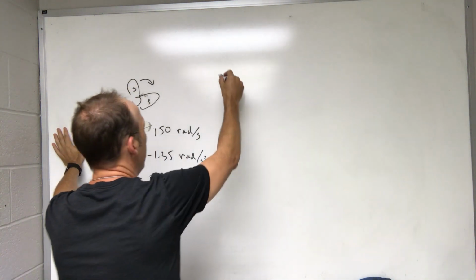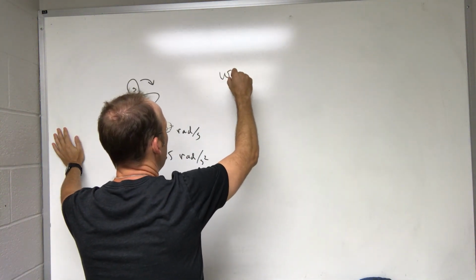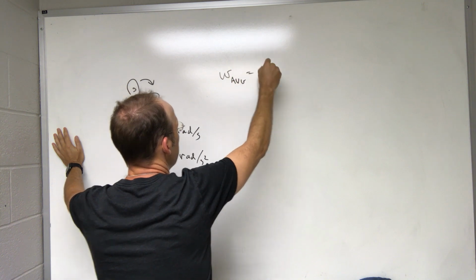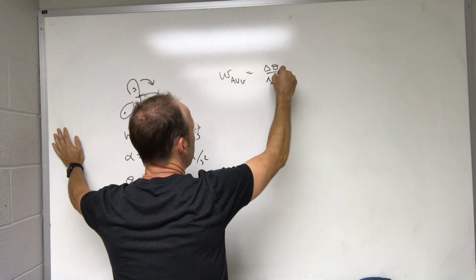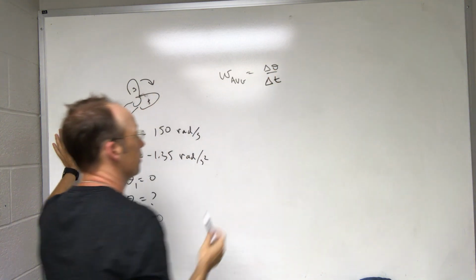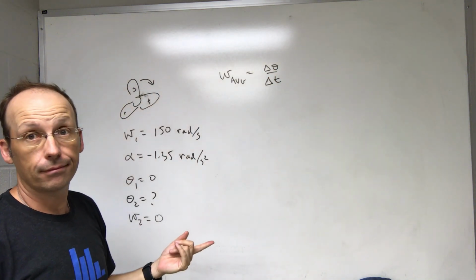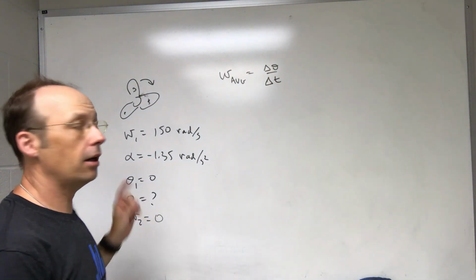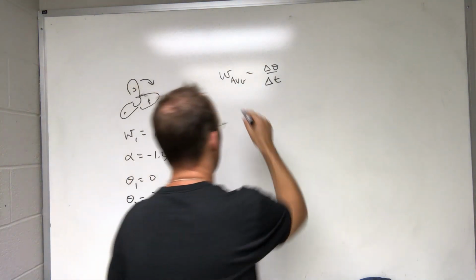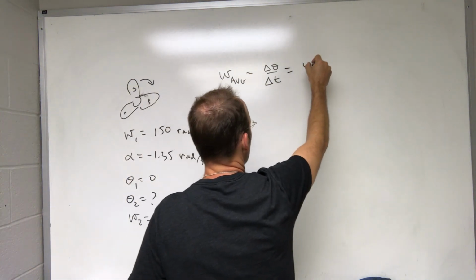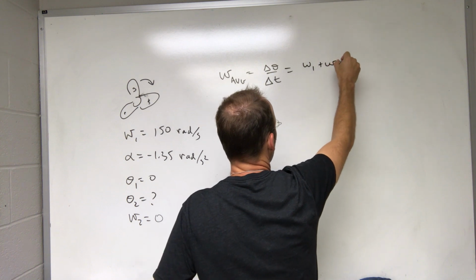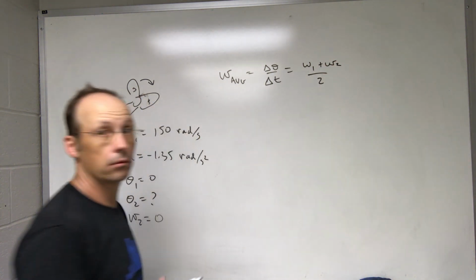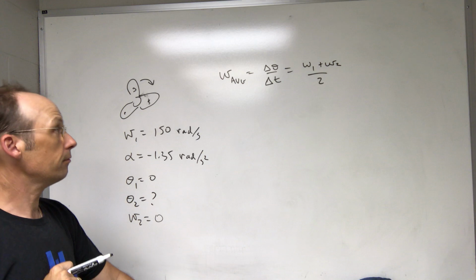So let's say I know omega average is delta theta over delta t. But I don't know time. I don't know delta theta. But I know another expression for the average angular velocity. It's going to be omega 1 plus omega 2 over 2. Those things are true.